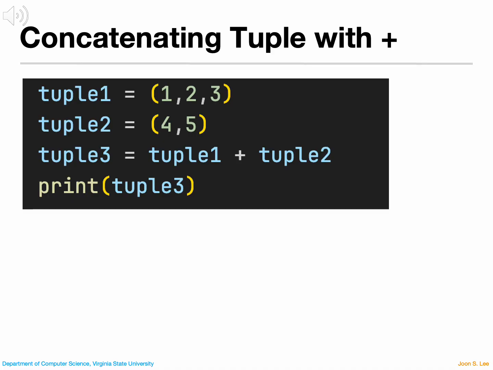The key point here is that this operation does not modify either of the original tuples. Both tuple 1 and tuple 2 stay exactly the same. Python simply creates a new tuple and assigns it to tuple 3. So concatenation with plus is a safe and simple way to combine tuples while still respecting their immutability.